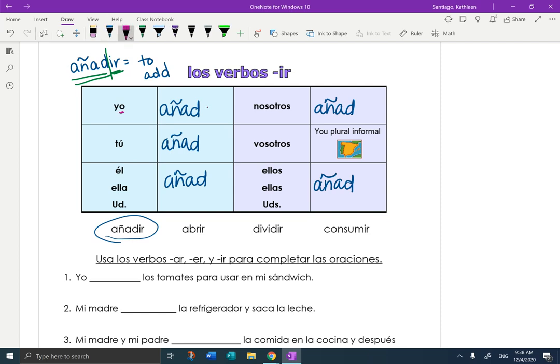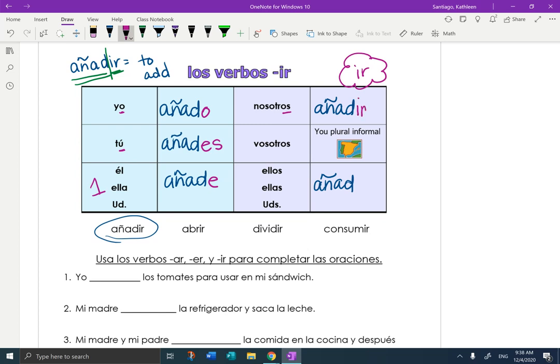Yo ends in O, añado. Tú, remember, ER and IR take the same ending. Two big toes, añades. Usted, any one person, añade. Nosotros, os, añad... Ooh, this one goes back to the original, which is an I. For IR verbs, you've got to be careful in the nosotros.